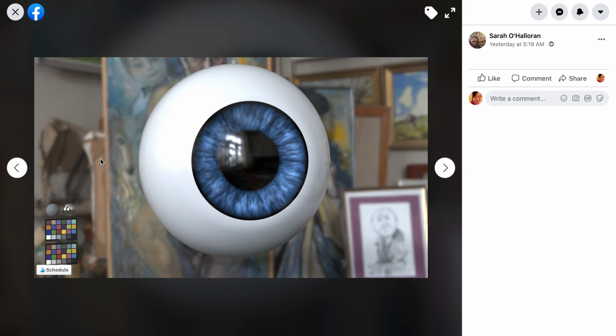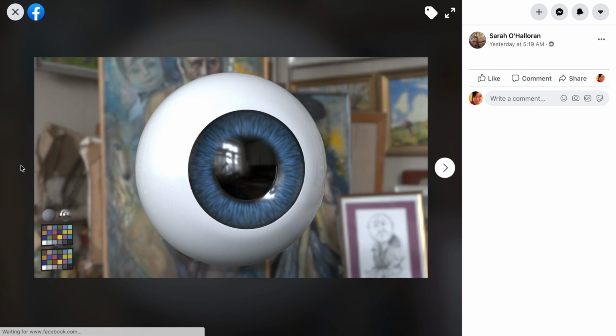I was looking at your images here, and I think it's a great start. The one thing before we go into this, and this is more of a lighting thing, is that it's very distracting to have a reflection over the pupil like this.